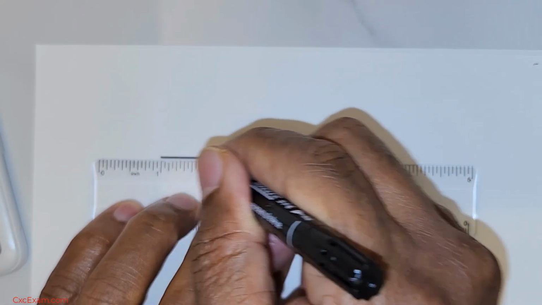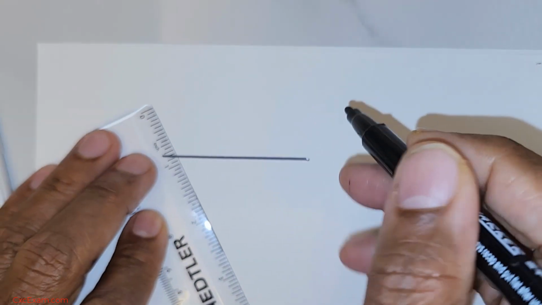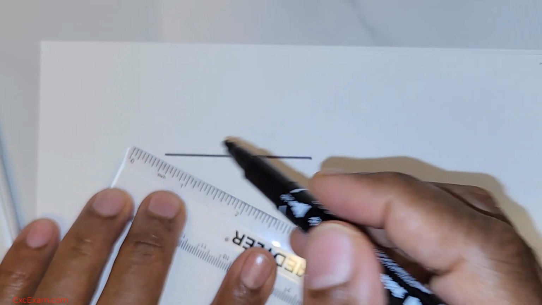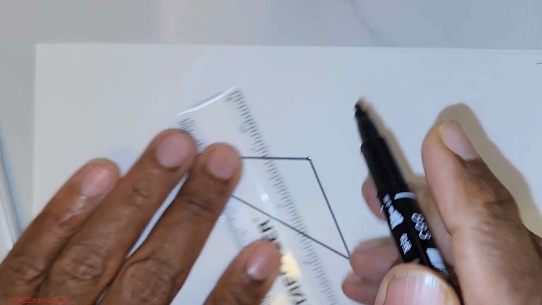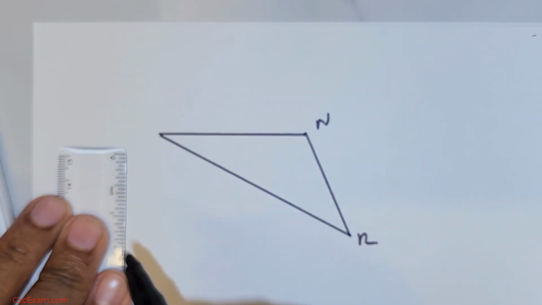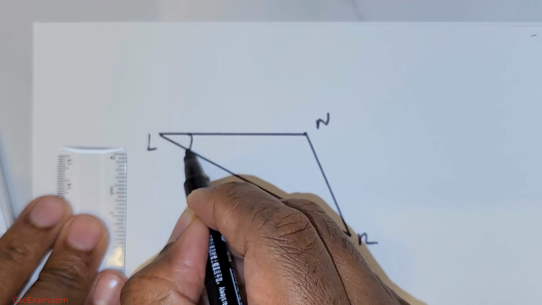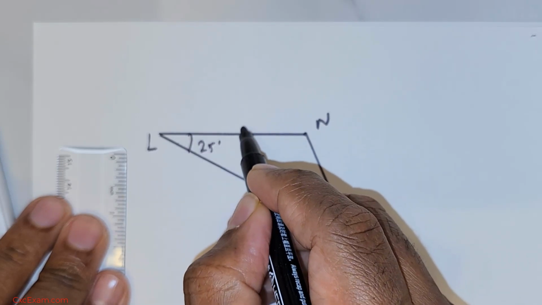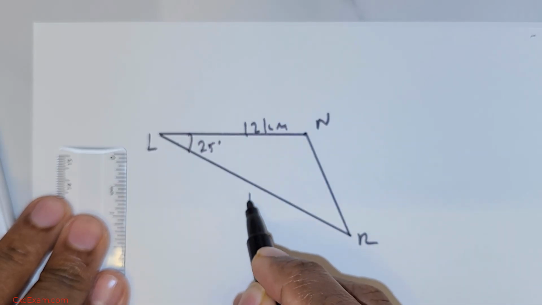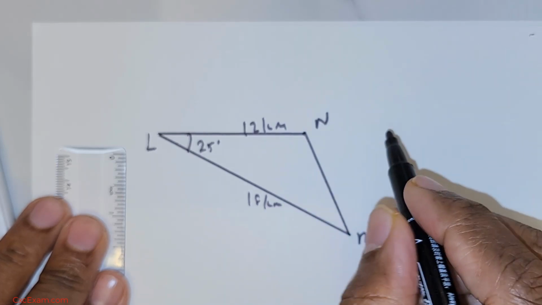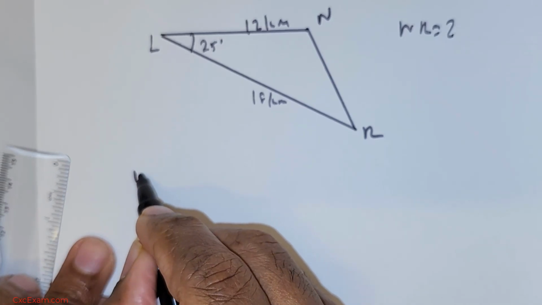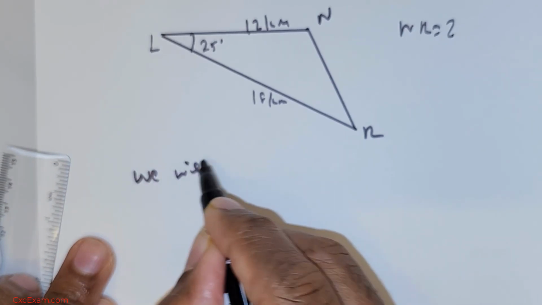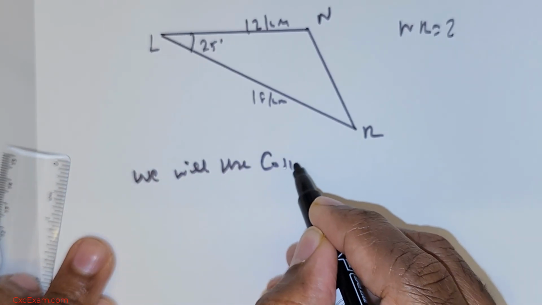So this is the distance of the towns, and you have N and you have R, you have L. This angle is 25 degrees. This is 12 kilometers with 18 kilometers. We need to get NR. So we will use the cosine rule.